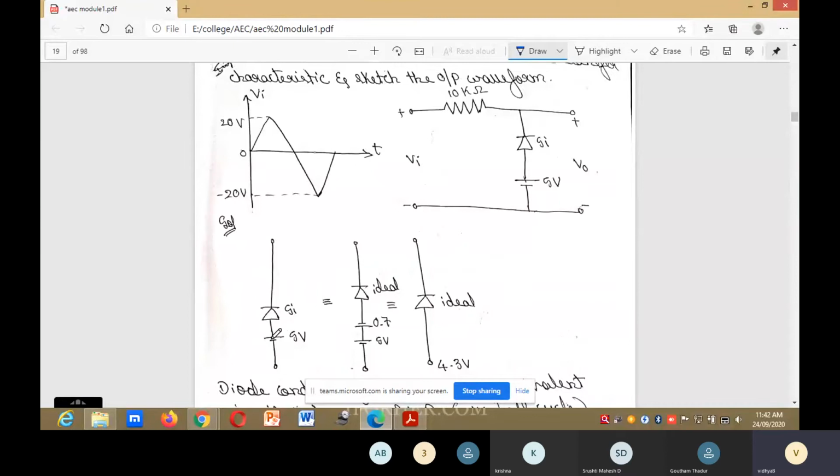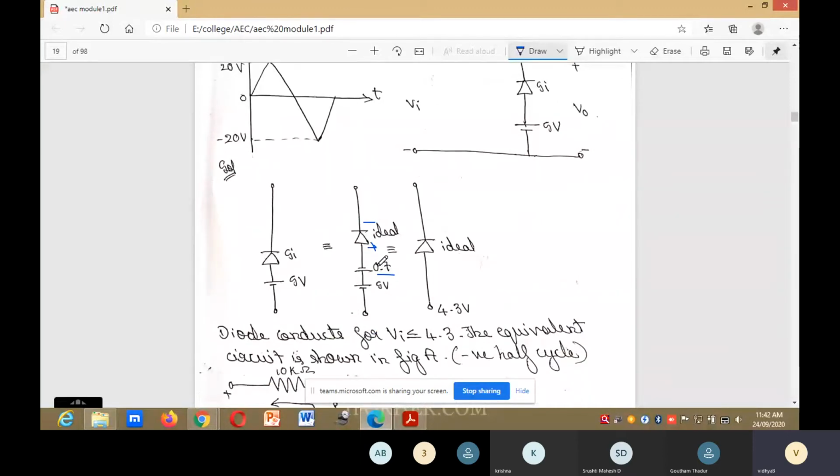So for the diode, next positive, negative. This one is negative and this one is positive. You need to consider 0.7 voltage. When you do minus 0.7 plus 5, you will get 4.3 voltage.